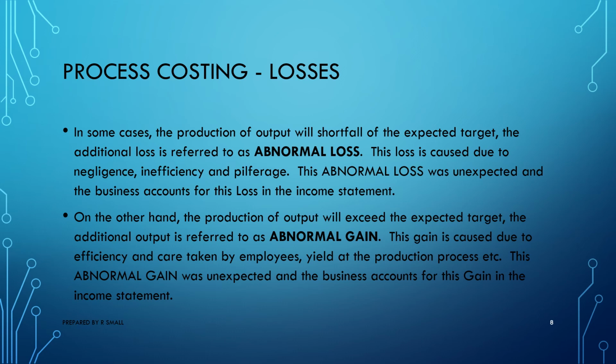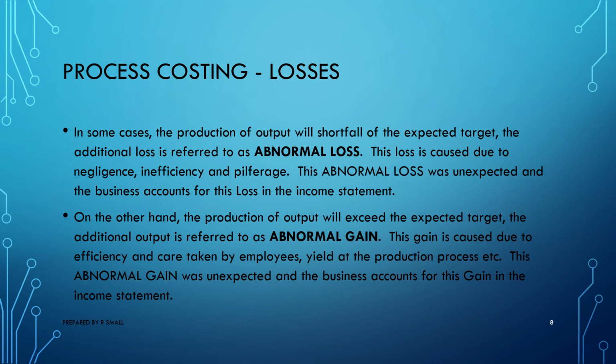Now, the same way that you would have an abnormal loss, you can also have a gain. On the other hand, the production of output may exceed your expected target. So you expected to get 250 units and you get 255. You were not expecting the additional 5. That additional output is referred to as an abnormal gain because you were not looking for it.